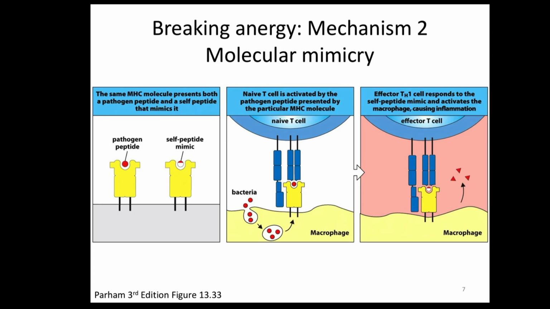One thing to note here is that this one is much more HLA restricted. So usually this is why we might see that infection leads to autoimmunity only in people with this HLA type, because only that HLA type presents that particular pathogen peptide and that particular self-mimic.